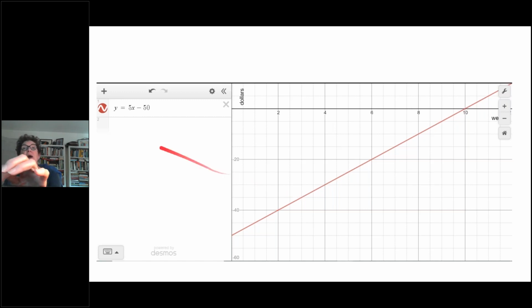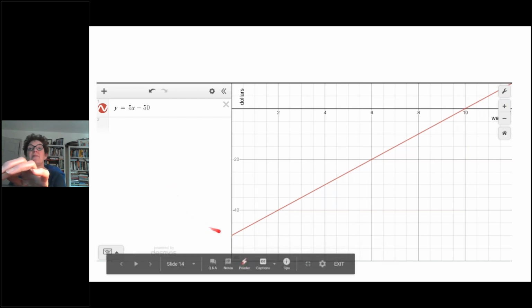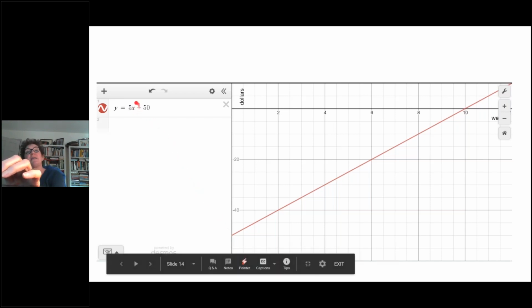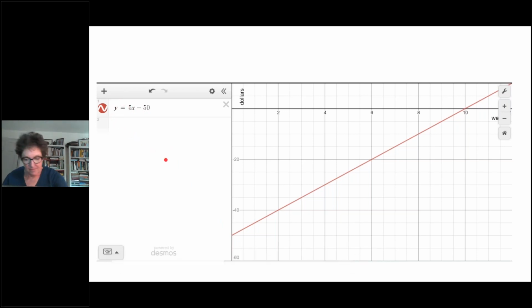That tells me if I wanted to put in this point right here, which would be negative 45 for the y and 0 for the x, so that point is (0, negative 45). If I substituted that in here in this equation, what would I get? Let's look at that.